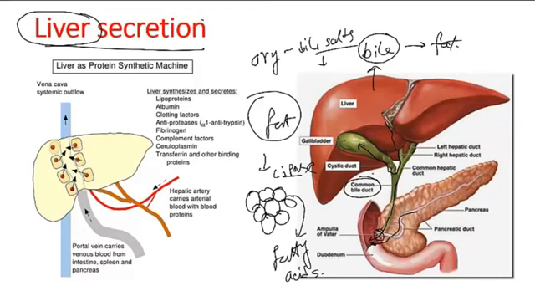So when we stimulate this whole process, when you stimulate the release of these chemicals by the hormone secretin, that's called nature's antacid. Secretin is secreted. Bile duct cells secrete a bicarbonate solution that is identical to the pancreatic bicarbonate solution as well, and that functions as a liver neutralizing agent.